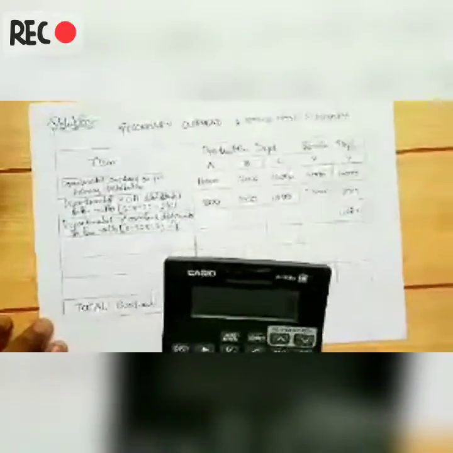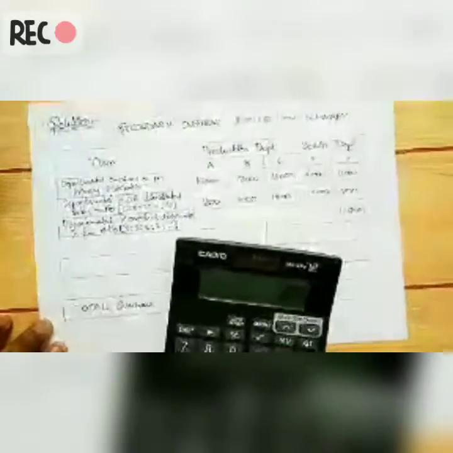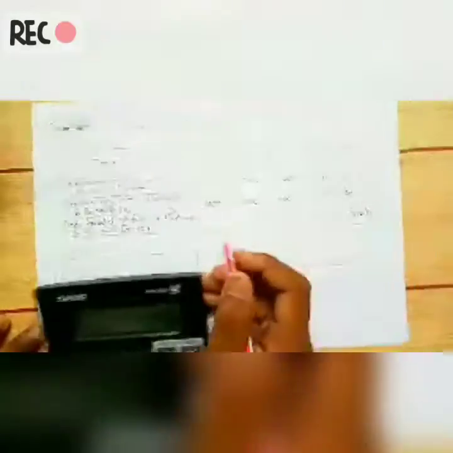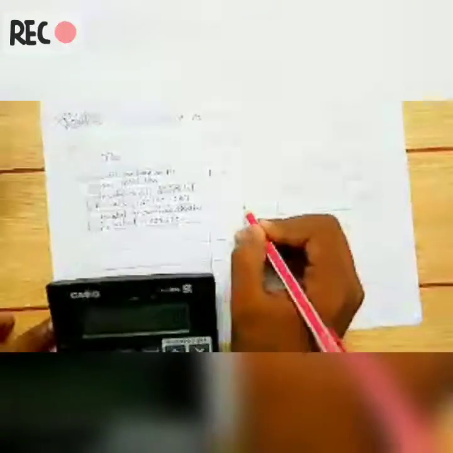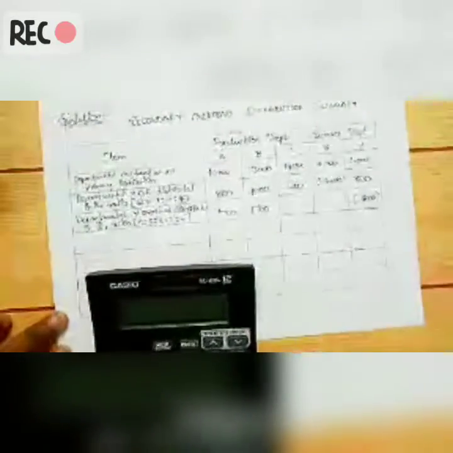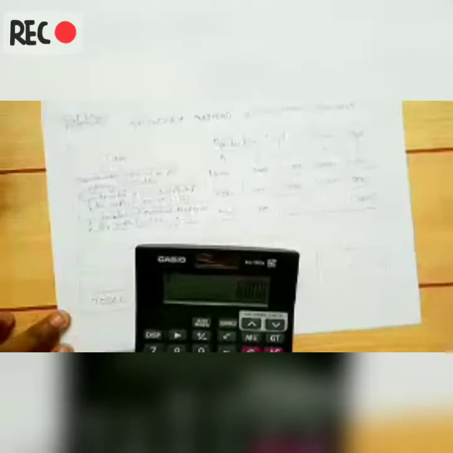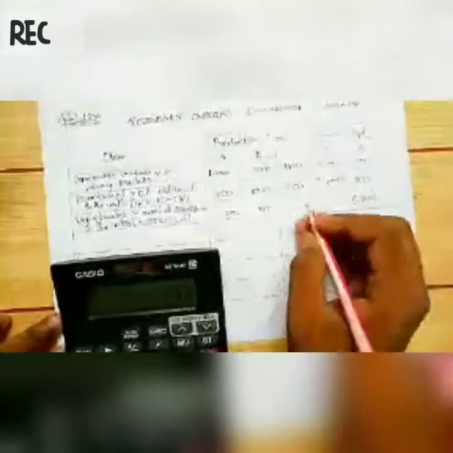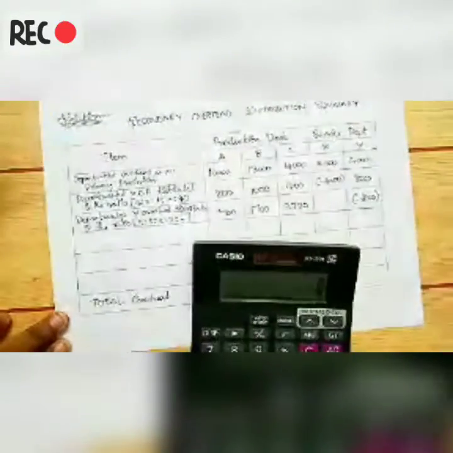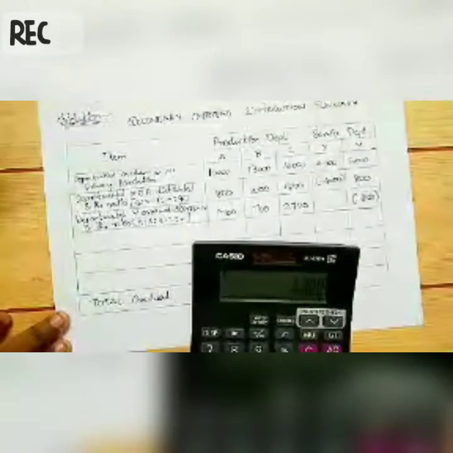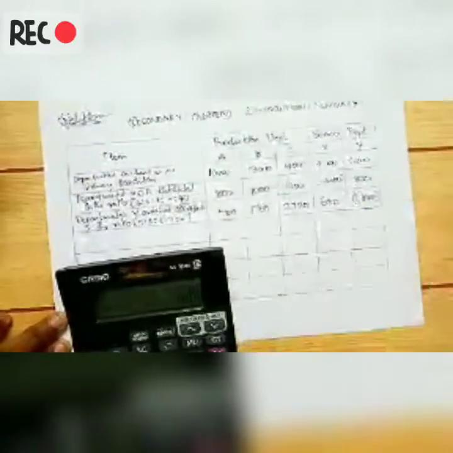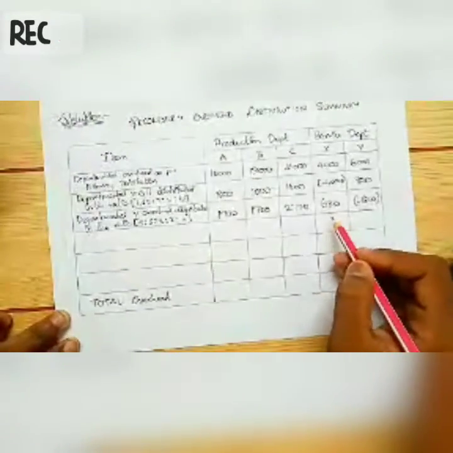Split the amount 6,800 into 5 divided by 20. Production department A will be 1,700, same 5%, B will be 1,700, production department C will be 2,720, and department X will be 680.